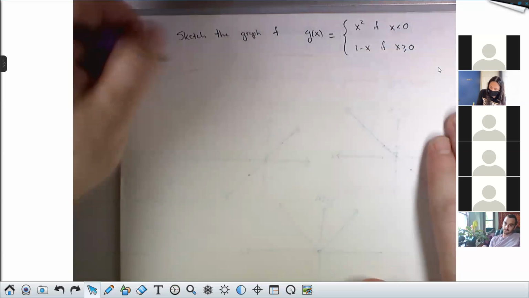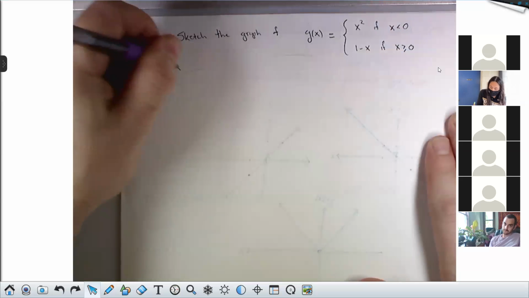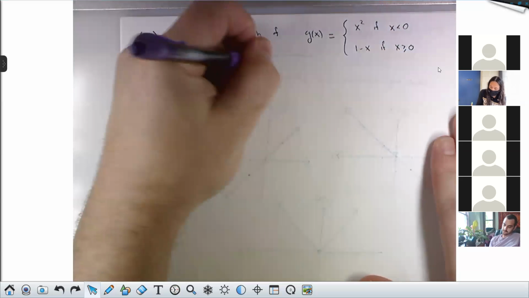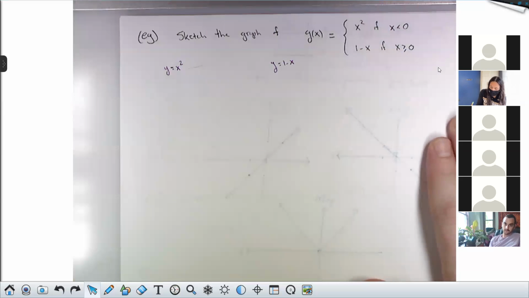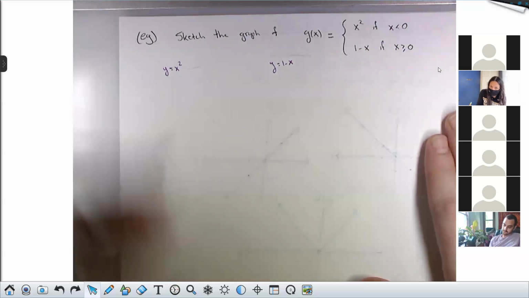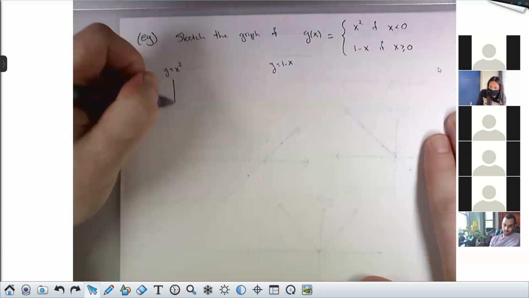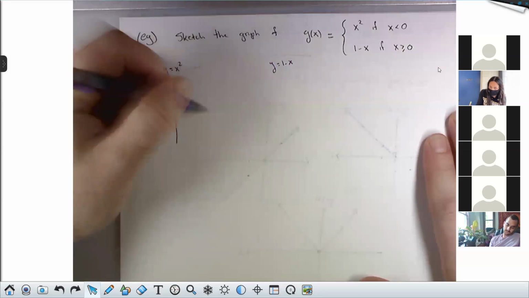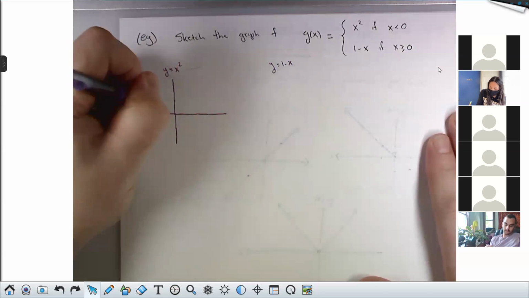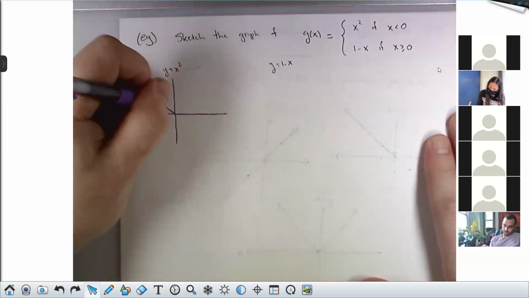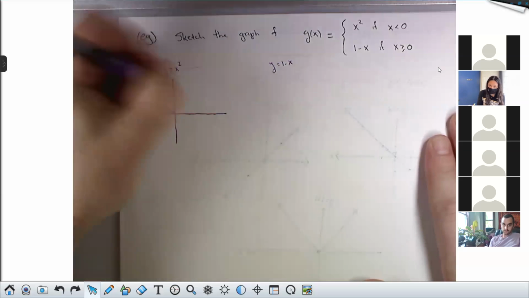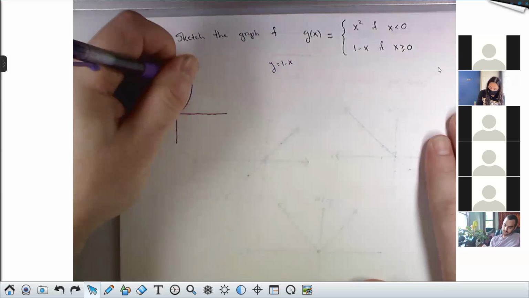The graph y equals x squared is a parabola, and the graph y equals 1 minus x is a straight line. And we're going to begin with the graphs of those pieces. So even if you forgot what y equals x squared looks like, we can get through this. I'll give us that. Parabolic.